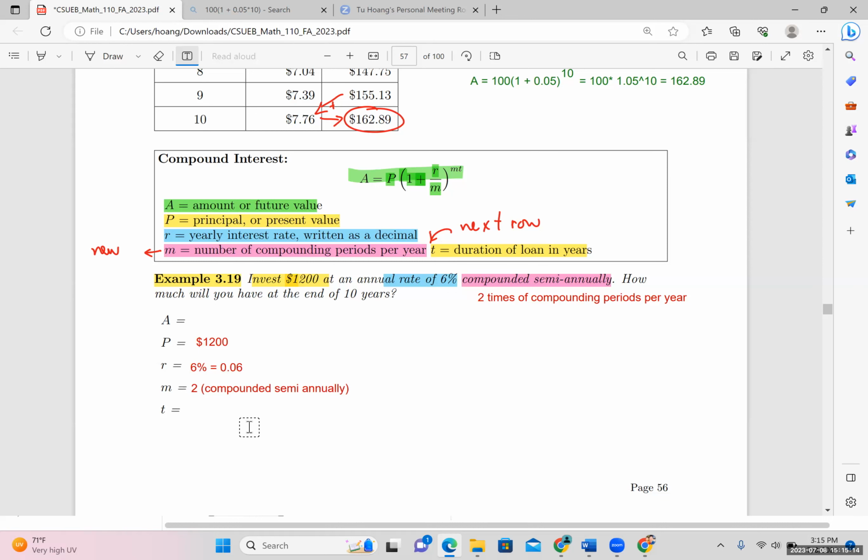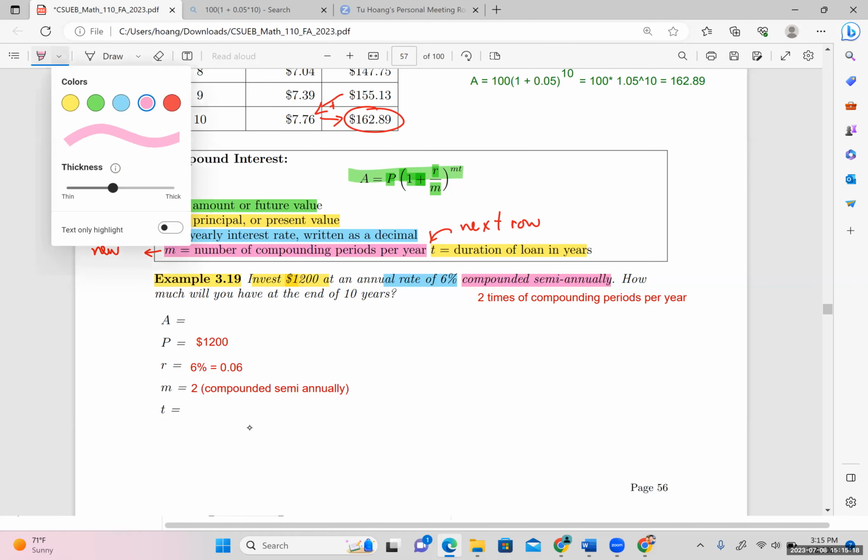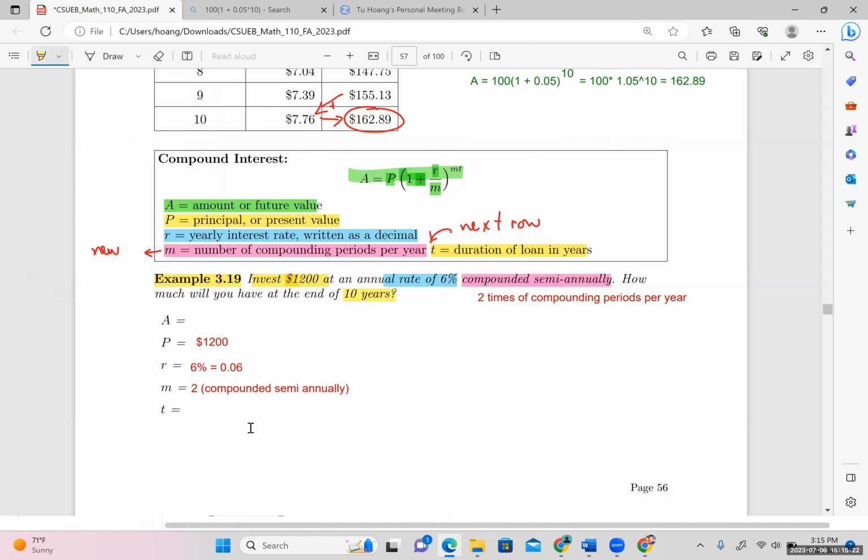10 years, right? It's 10 years. So that means T will be equal to 10, right? 10 years.